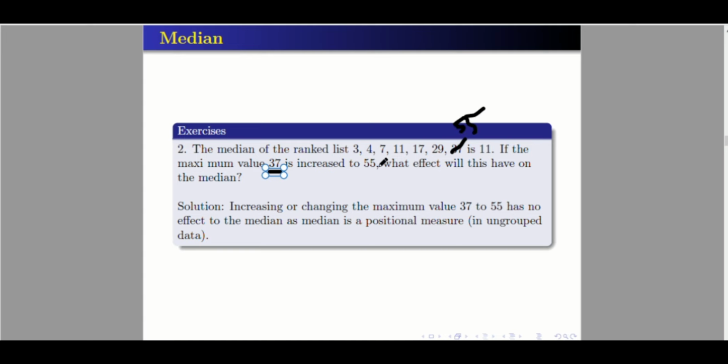Is there a difference? No, because the median is still the fourth one, which is still 11. But of course, when you go to grouped data, we have a computation or a formula there, so I guess there is an effect. But here, since we're dealing with ungrouped data, it is just a positional measure. It has no effect on the median.